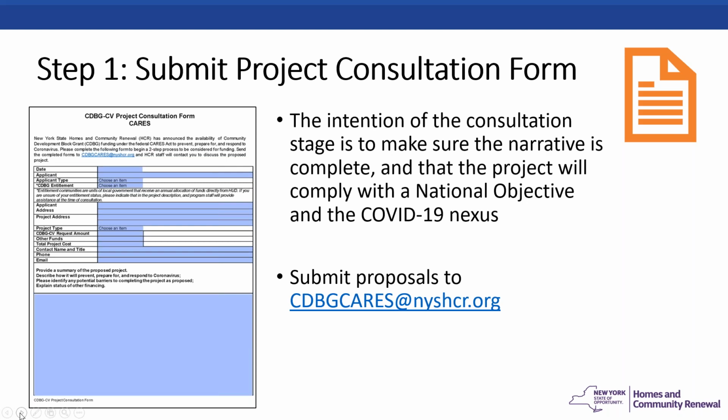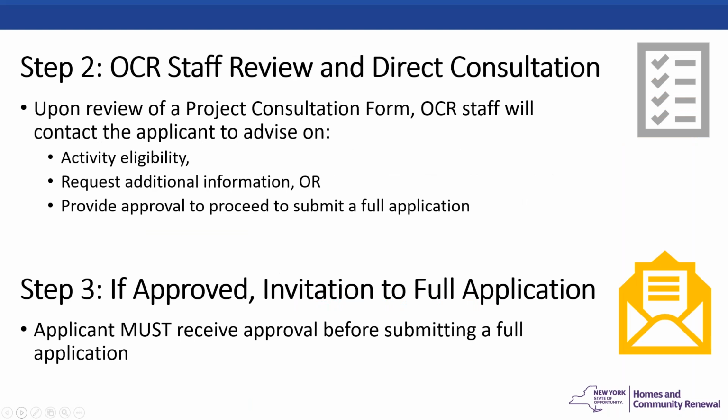The form is available with all of the other funding round materials right on our website and must be submitted to CDBG CARES at nyshcr.org. So on the next slide, we can see steps 2 and 3. Upon review of that project consultation form, and if we all agree that it makes sense to move forward, we'll simply send an email that serves as an approval to move forward and submit the full application.